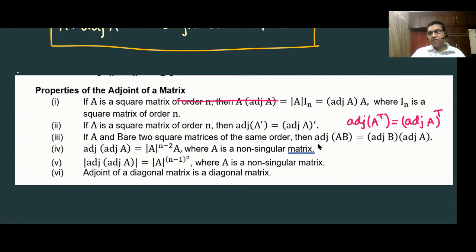And next property we have adjoint of AB is same as adjoint B into adjoint A, just like AB whole transpose is B transpose A transpose.